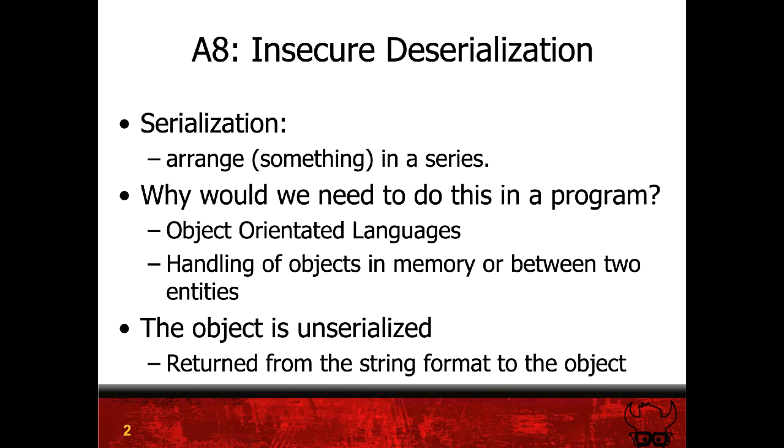Before we talk about insecure deserialization, we really have to understand what serialization is, right? A very simple definition is that it's to arrange something in a series. Now, when we talk about computers, what we typically mean is that we're taking something and arranging it into a series that we can then undo to get back to the original thing.